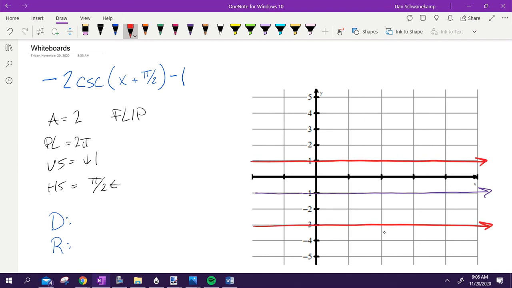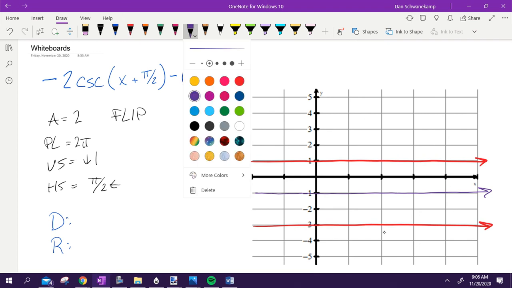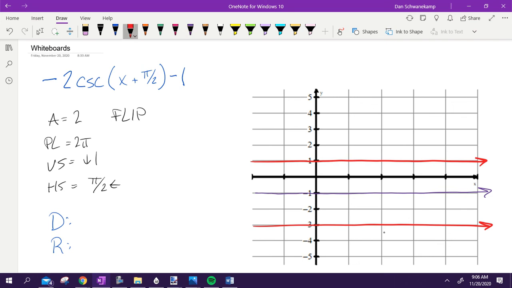I'm graphing cosecant. So what am I actually graphing if I'm graphing cosecant? Sine. Where does a sine graph start? Top, middle, or bottom? Middle. I forgot to label this. Give me 2 seconds. 2 pi, pi over 2. So we start in the middle. I'm going to the left pi over 2. That means I'm going 1 hash mark to the left of pi over 2, and I'm still going to start in the middle.